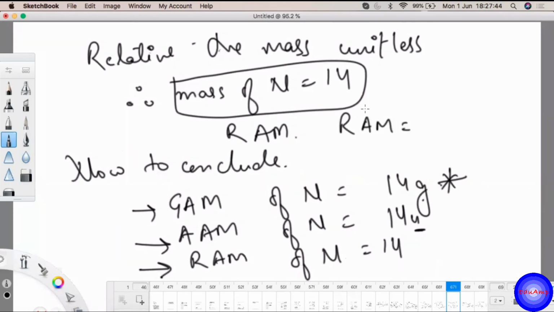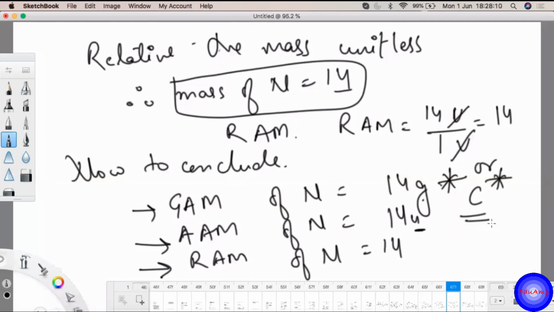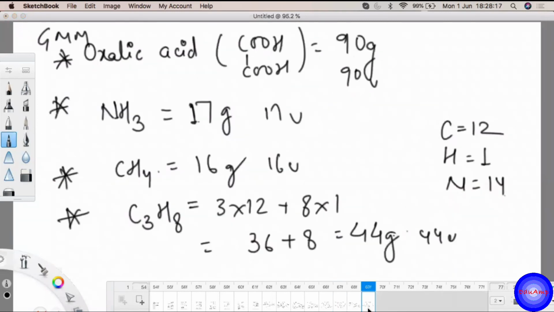Suppose for nitrogen I have to calculate, I have standardized hydrogen. Therefore, mass of nitrogen in U divided by mass of hydrogen in U, so this unit will get cancelled out. Therefore, you get only 14. So relative molecular mass is either calculated with reference to hydrogen or carbon. We had standardized carbon for relative molecular mass or relative atomic mass. We are going to study in detail in upcoming slides.